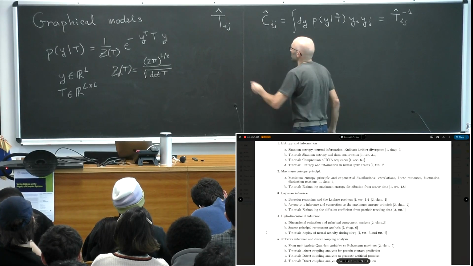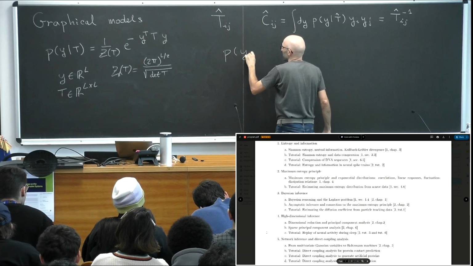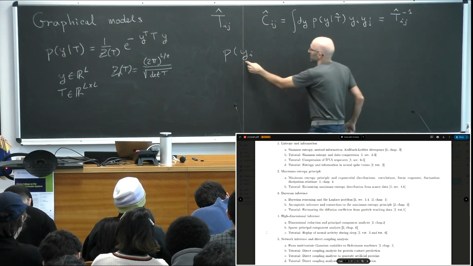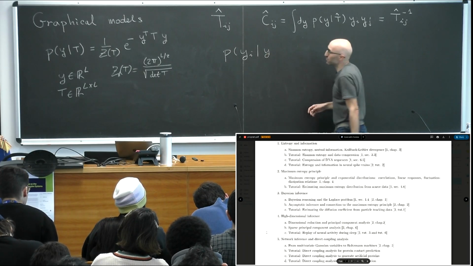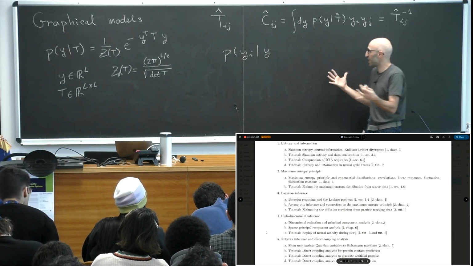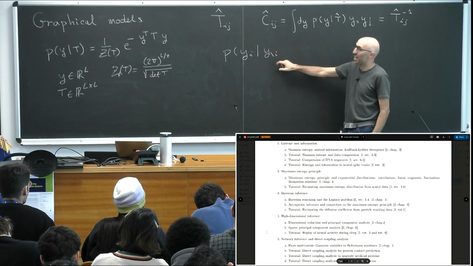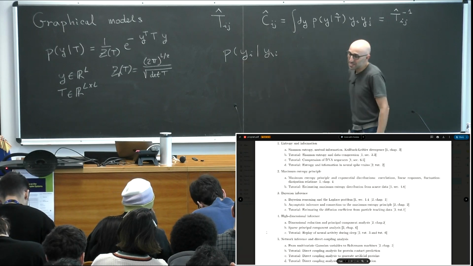In particular, we are interested in the network of interactions because we can consider the conditional probability. So we take one variable, yi, and we can consider the conditional probability of this variable when we fix all the other variables. So I will call y minus i the set of all the other variables except i.